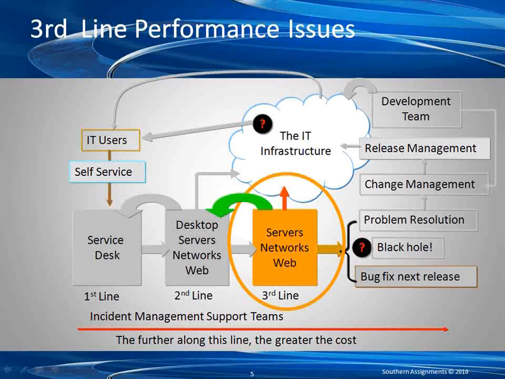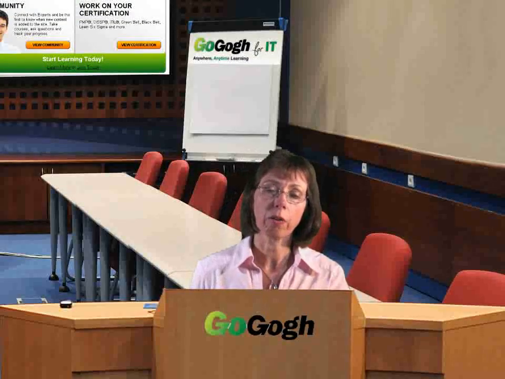What we do want them to do is to be looking at information that they learn while they're undertaking their activities, and as depicted by this green arrow, pass that information back down to second line support. And the reason for doing that is that we're learning and growing day by day as we go, capturing that knowledge, putting it in what is most likely a knowledge database that then is visible to the other support groups.